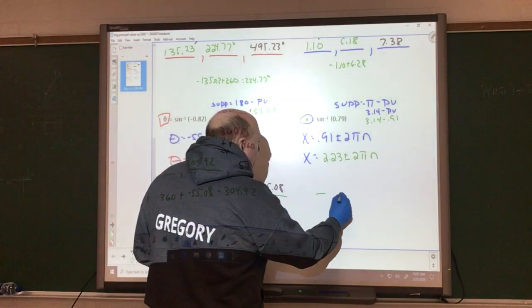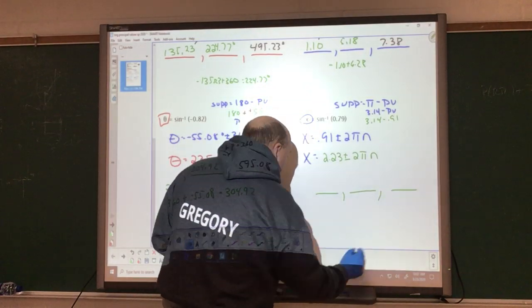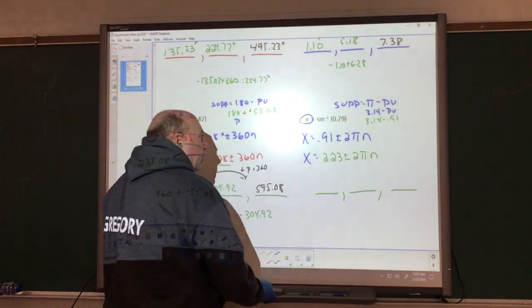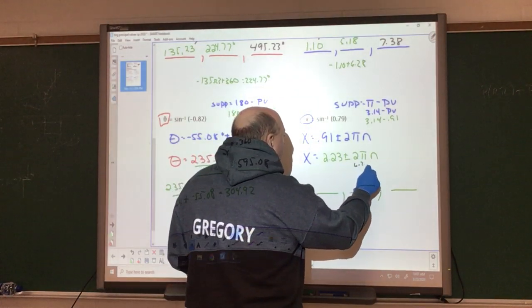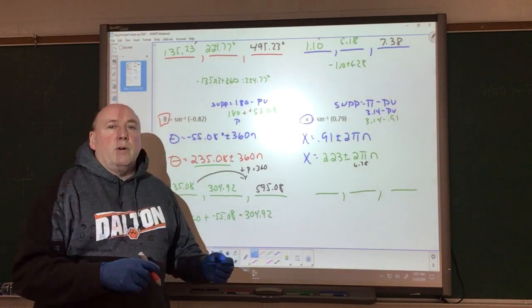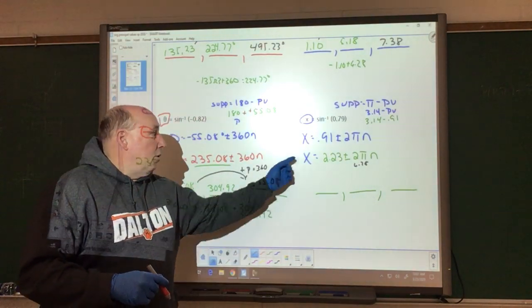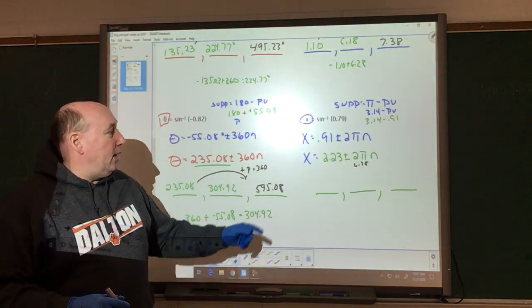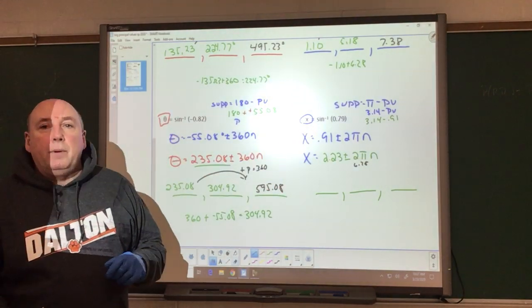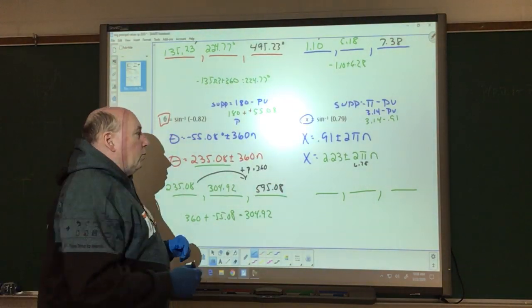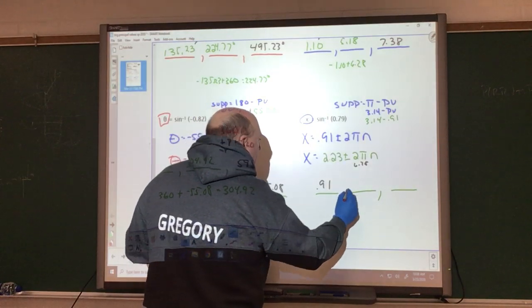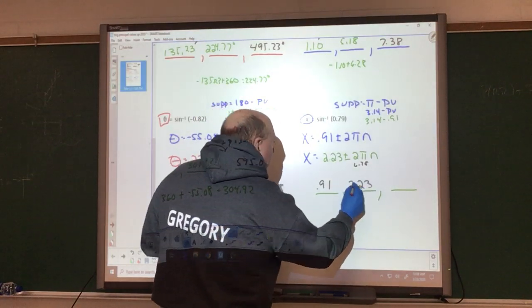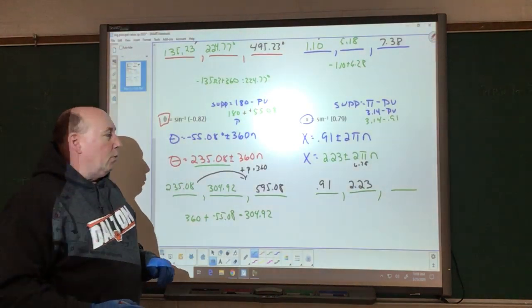First three positives. Well, the first two are already given to us. Once again, 2 pi is 6.28, so you're either going to add or subtract 6.28. If I subtract it, these are both going to be negative, so we don't want that. So we're going to take our first two values, 0.91 and 2.23, and then to go from 1 to 3, we leapfrog.